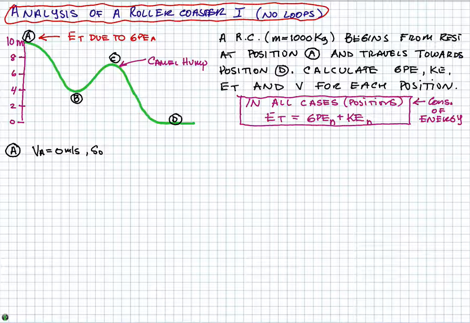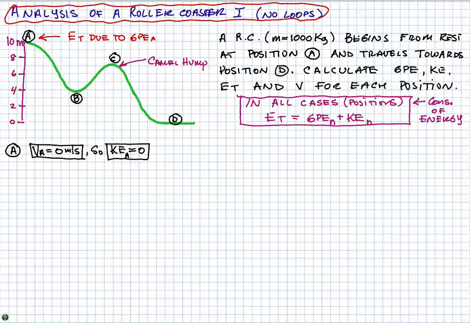So we know that there is no kinetic energy because there's no motion, so the kinetic energy at A is equal to 0. So we have 2 of the 4 pieces of information that the question is asking. We have the velocity, we have the kinetic energy.